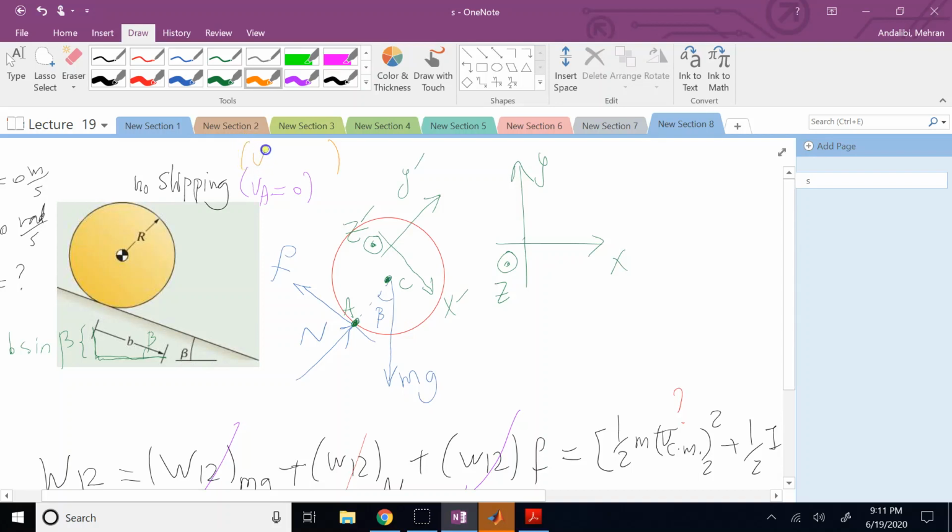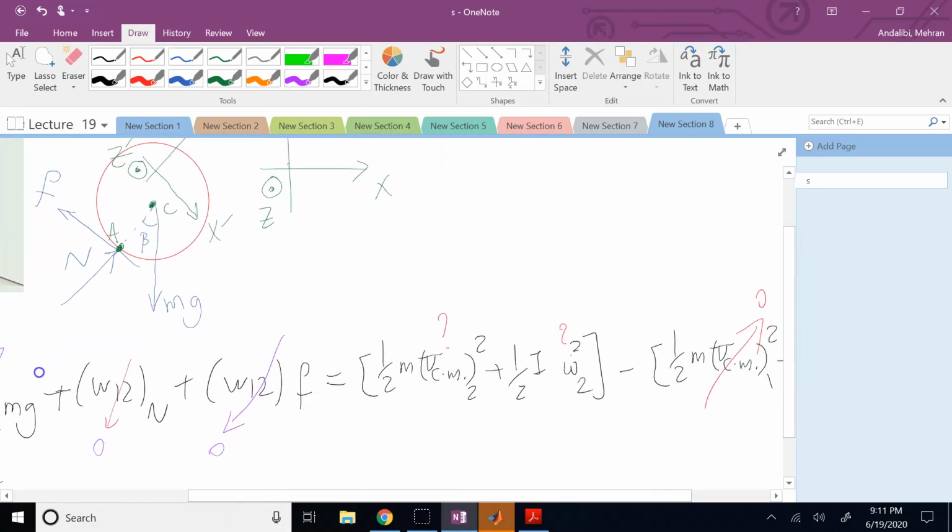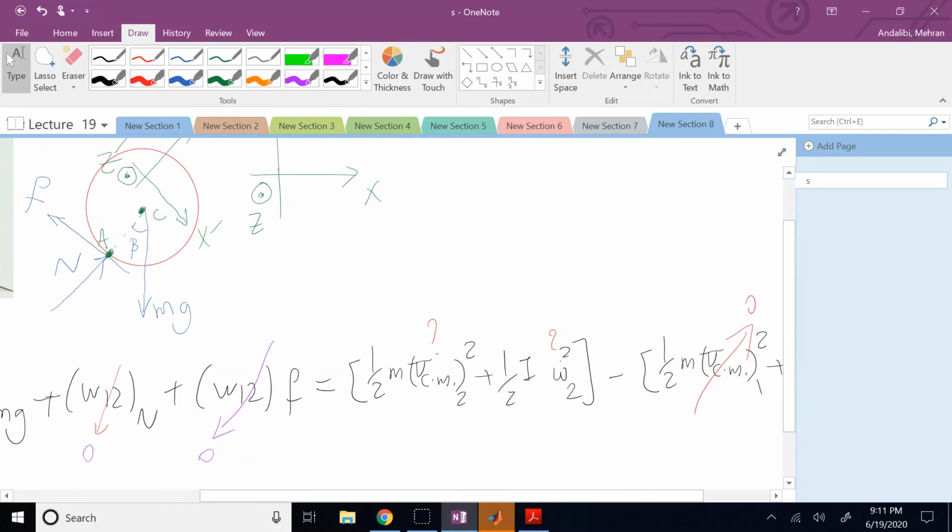Second, the velocity of the centroid is R times omega. Therefore, I can replace omega with V of Cm in position 2 divided by R. And so now I only have one unknown, V of Cm2.